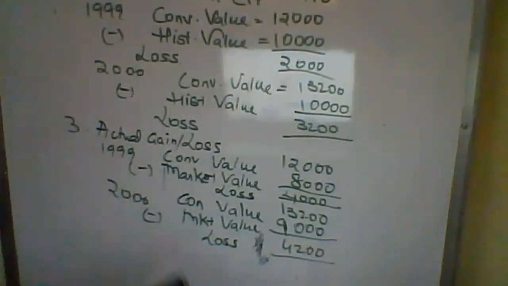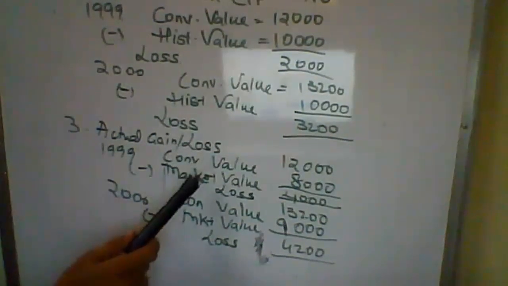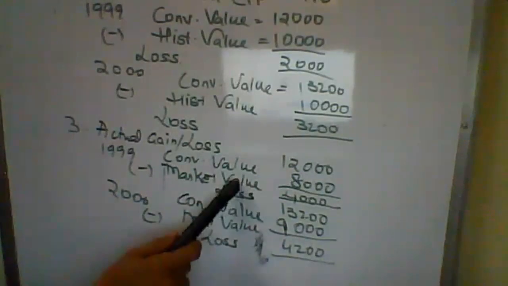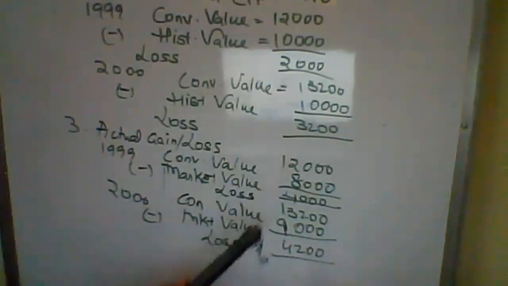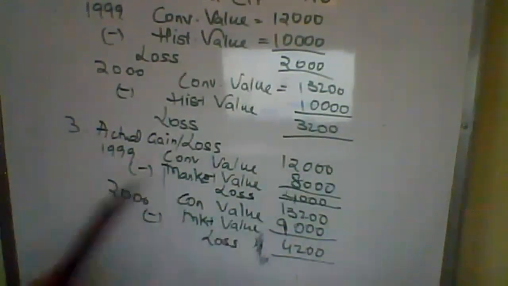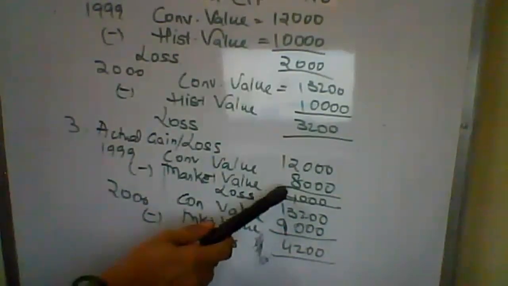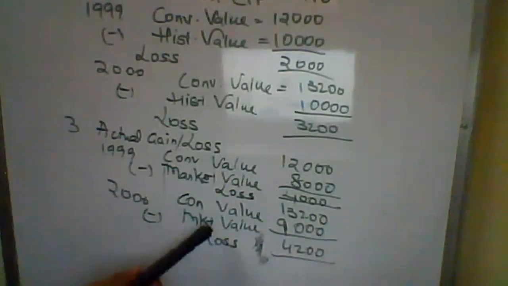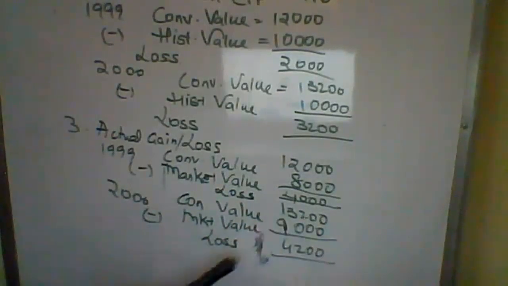It means actual gain or loss according to market value. So from converted value, I should minus my market value. 12,000 is a converted value, but I am able to sell in the market only at 8,000. It means I am getting a loss of 4,000. This is the inflationary loss. In 2000, the converted value is 13,200, but the market value I am getting is 9,000. It means I get a loss of 4,200.